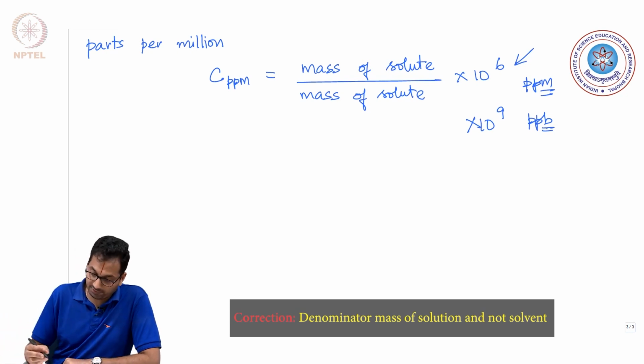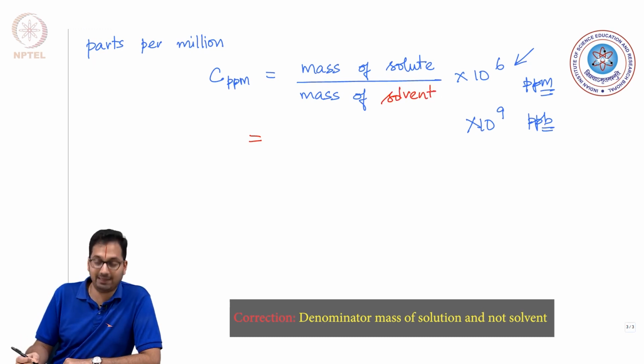And the important thing one is able to realize is that going back to parts per million, this can be rearranged in a way where you express the mass of the solute in milligrams and the mass of the solvent in kilograms.